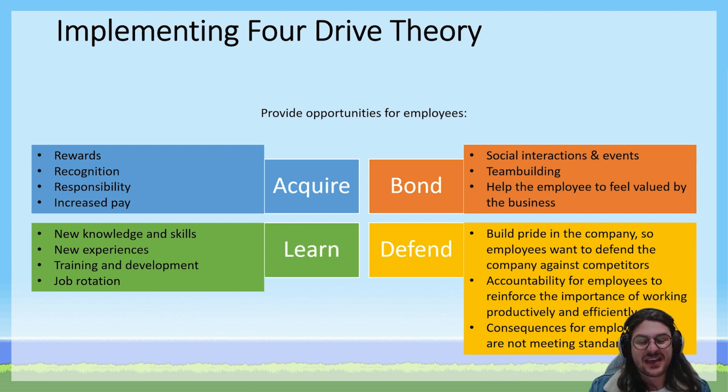Organizing social events and team building opportunities, giving employees the opportunity to socialize and interact with each other, and certainly helping employees to feel valued by the business by recognizing them and encouraging them will help them build and maintain relationships. You can offer employees training in new knowledge and skills. You can offer them new experiences. You can offer them job rotation opportunities to activate their drive to learn or drive to comprehend.